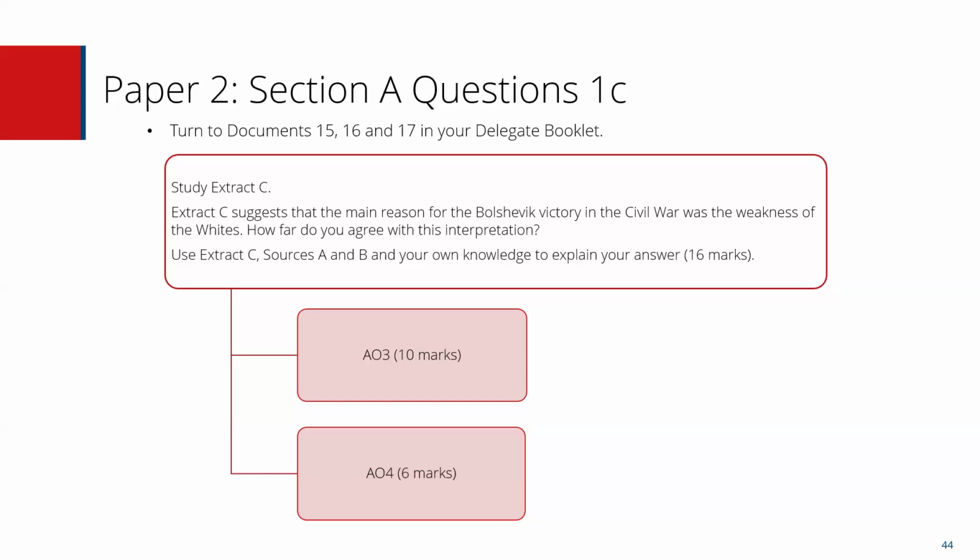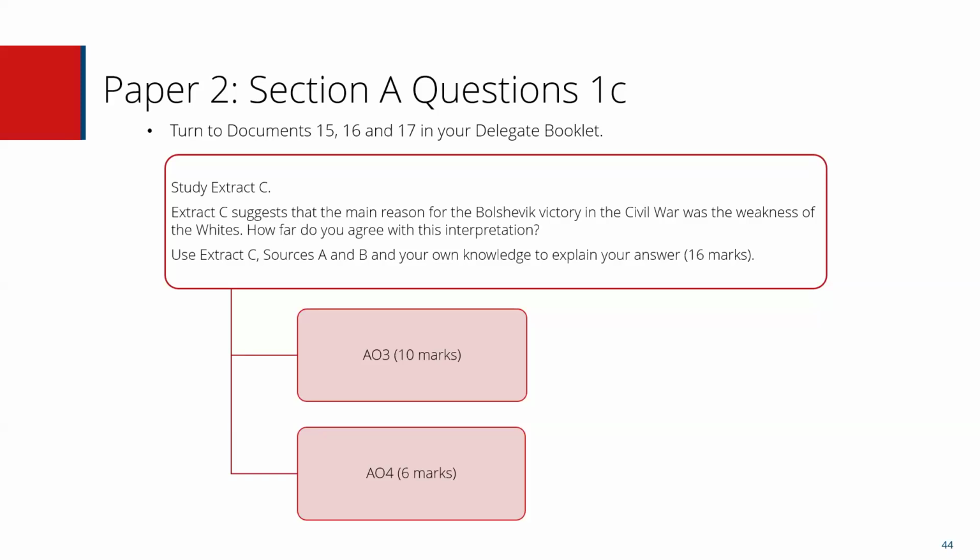So the question here is: study extract C. Extract C suggests that the main reason for the Bolshevik victory in the Civil War was the weakness of the whites. And then they're asked how far they agree with this interpretation. They're told they've got to use extract C and sources A and B and their own knowledge to explain their answer. So this is AO3, 10 marks, AO4, 6 marks.